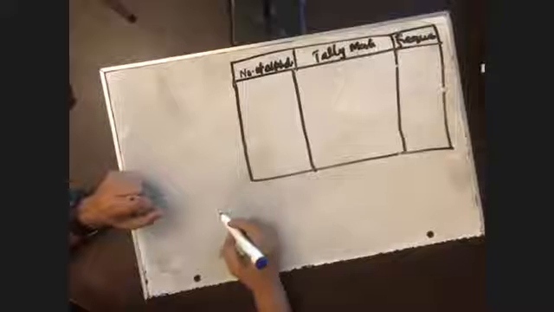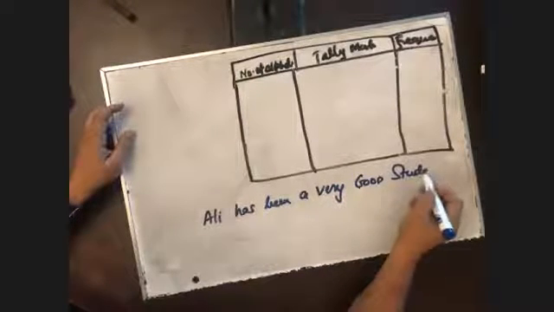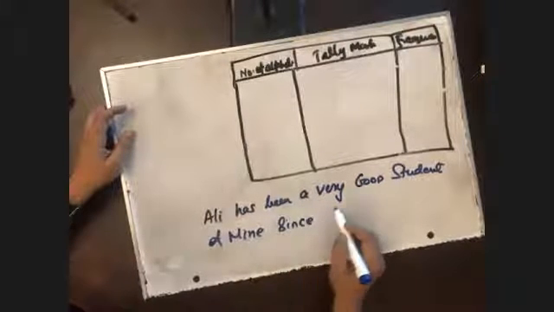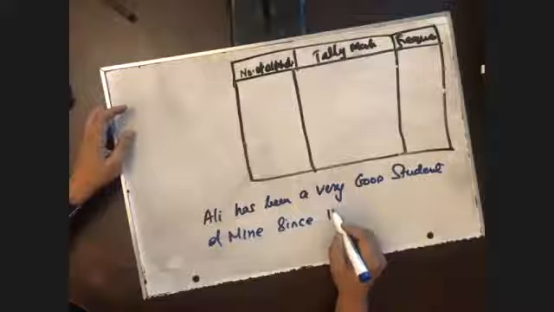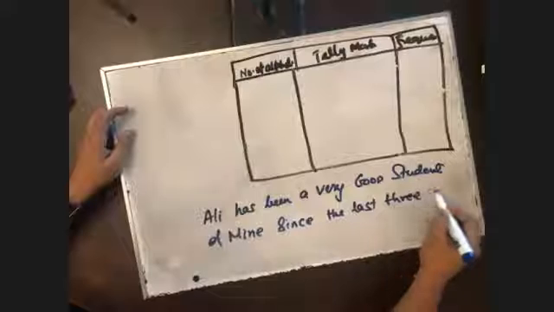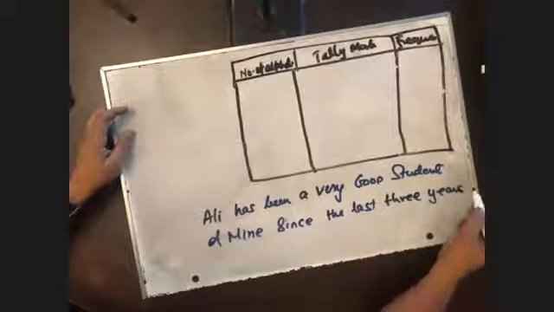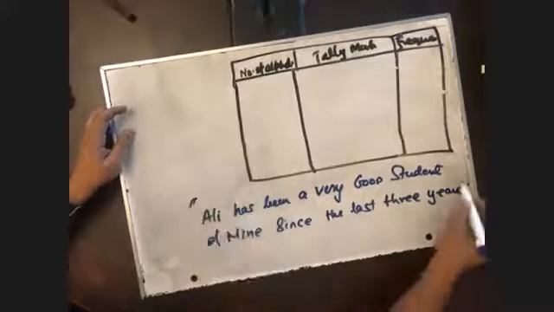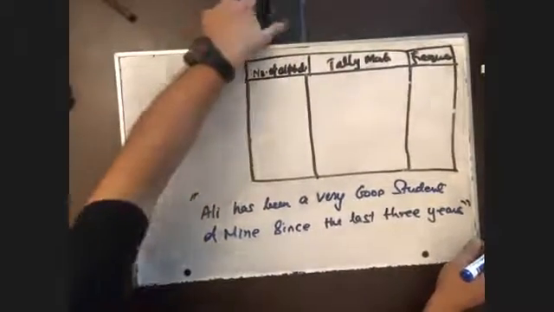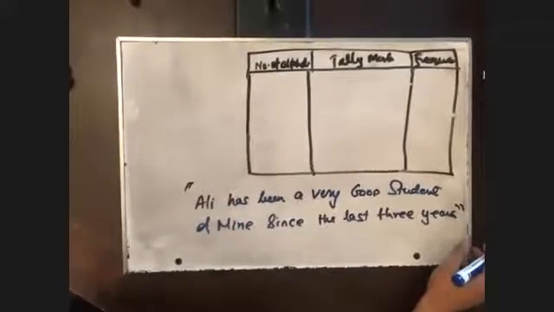Let's talk about a sentence. Ali has been a very good student of mine since the last 3 years. Okay? Now this is the sentence I've written: Ali has been a very good student of mine since the last 3 years.